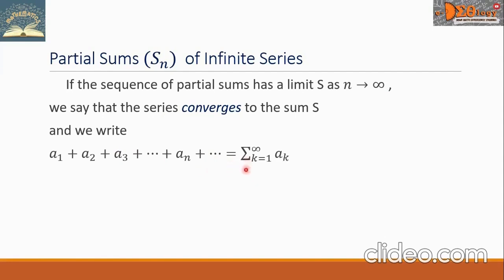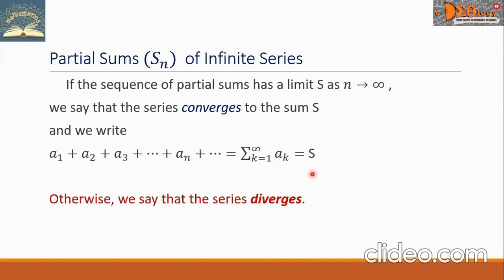We write this in sigma notation as summation from k equals 1 up to infinity of a sub k, and this is equal to that sum s. Otherwise, we say that the series diverges.